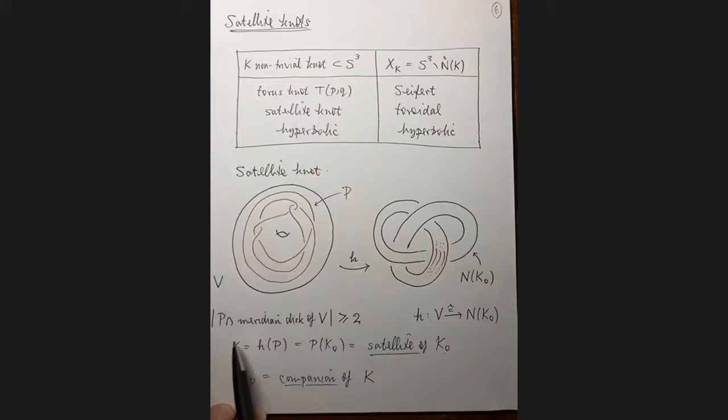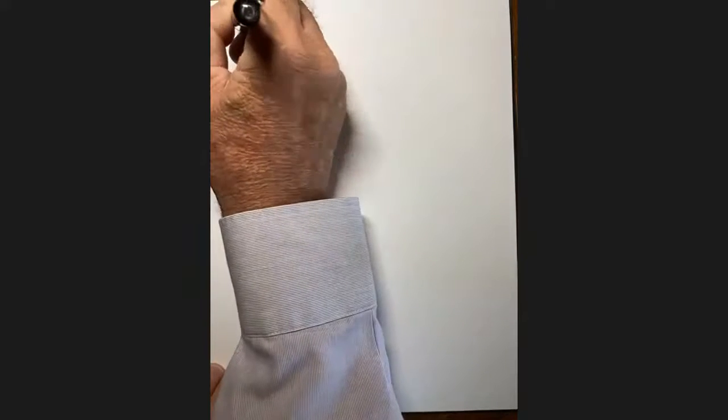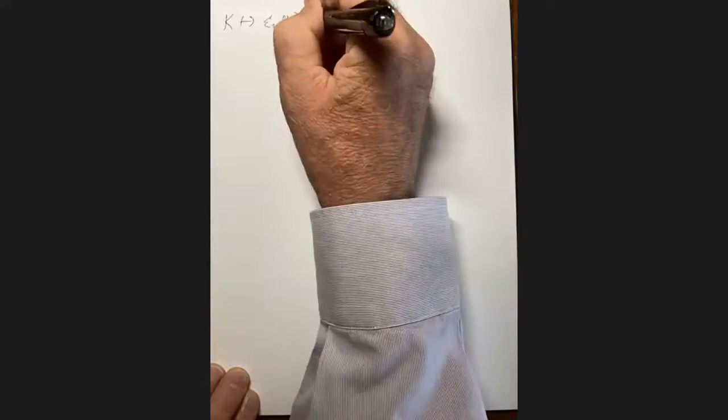And so actually, we want these patterns always to have the property that the intersection with any meridian disk of the solid torus is at least 2 points. Okay. So that's just a quick reminder of a satellite knot and the companion. Now, for any knot, of course, you can always look at the n-fold cyclic branched cover of K.